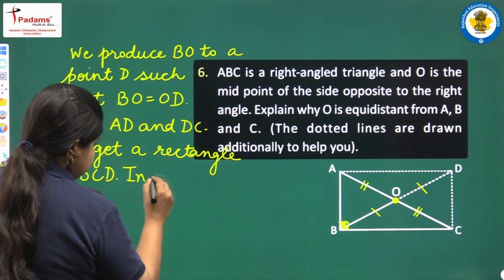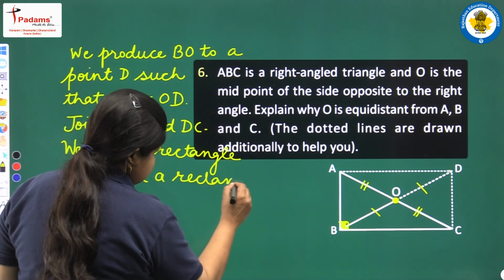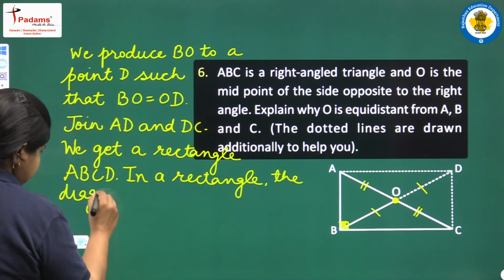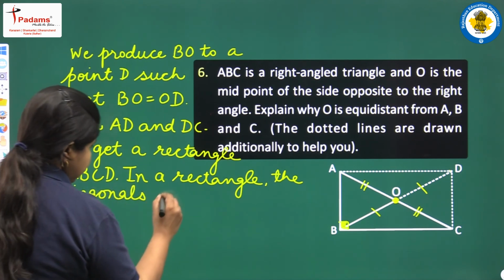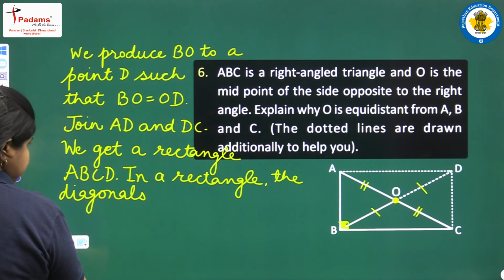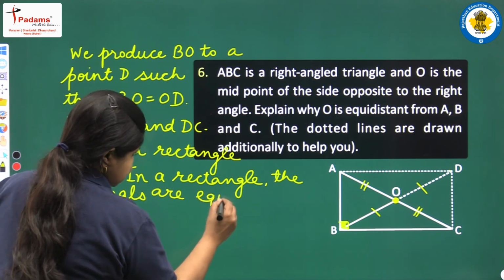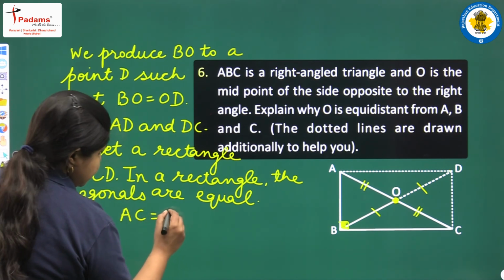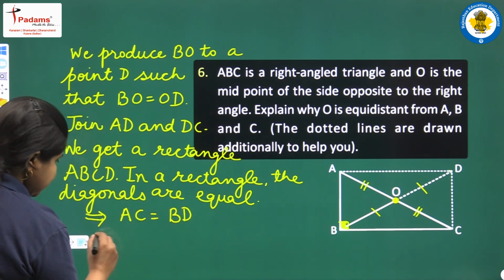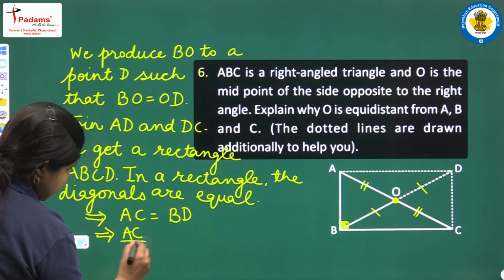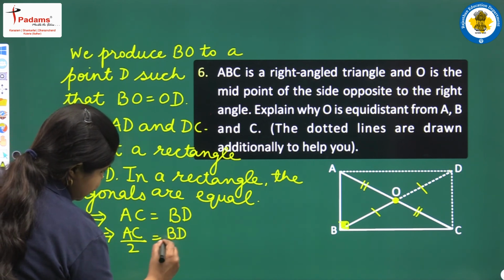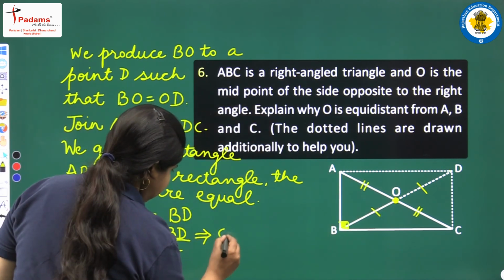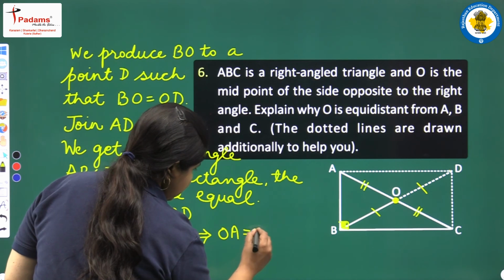Now, in a rectangle, the diagonals are equal. This means that AC is equal to BD. And since the diagonals are equal, their half parts will be again equal. Half of AC equals half of BD. And what is half of AC? It's OA equal to OC.